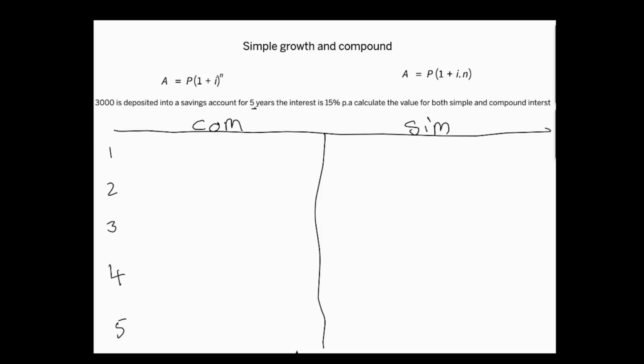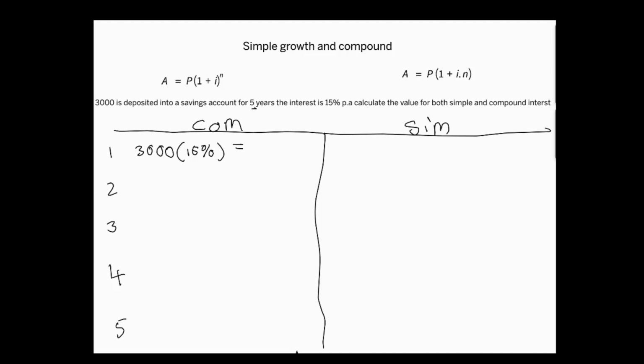I would need to say 3,000 Rand multiplied by 15%, right? So 15% of 3,000. Then I add back the 3,000 Rand.